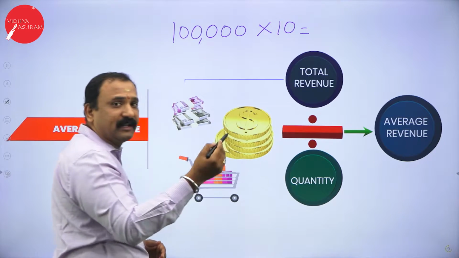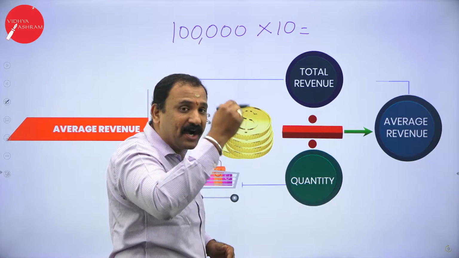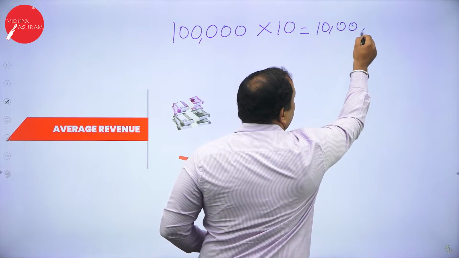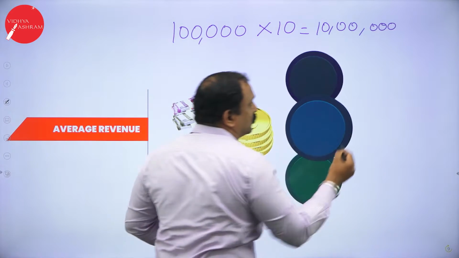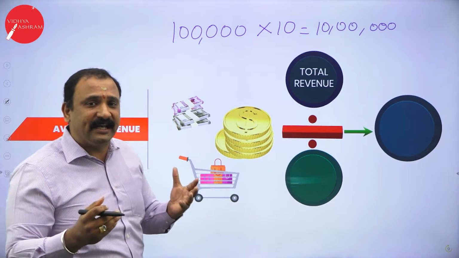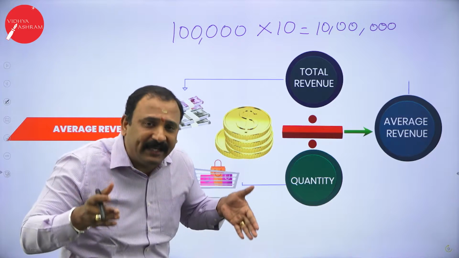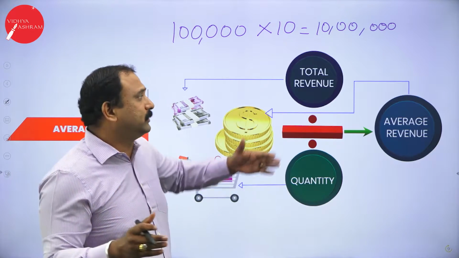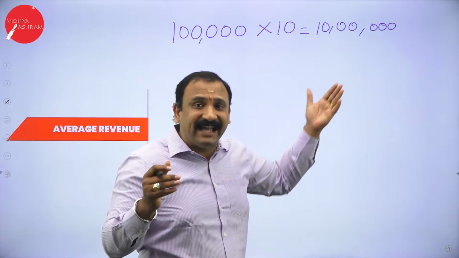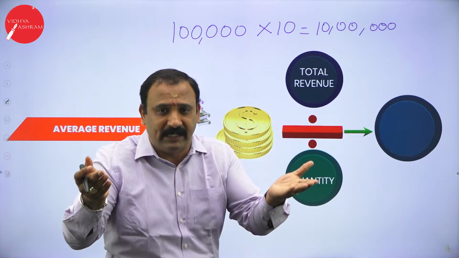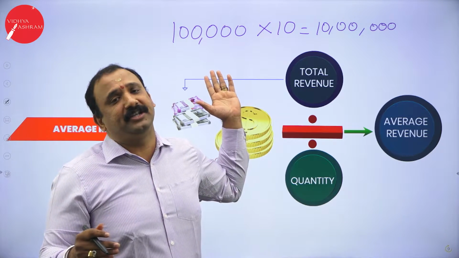So the total revenue that would be earned by Nestle will be equal to 10 lakhs in a day. So now how did this 10 lakhs arrive? The 10 lakhs arrived by the total revenue divided by the quantity. So the total revenue is 10 lakhs. 10 lakhs when you divide by the quantity, that is 1 lakh, you get the average revenue.